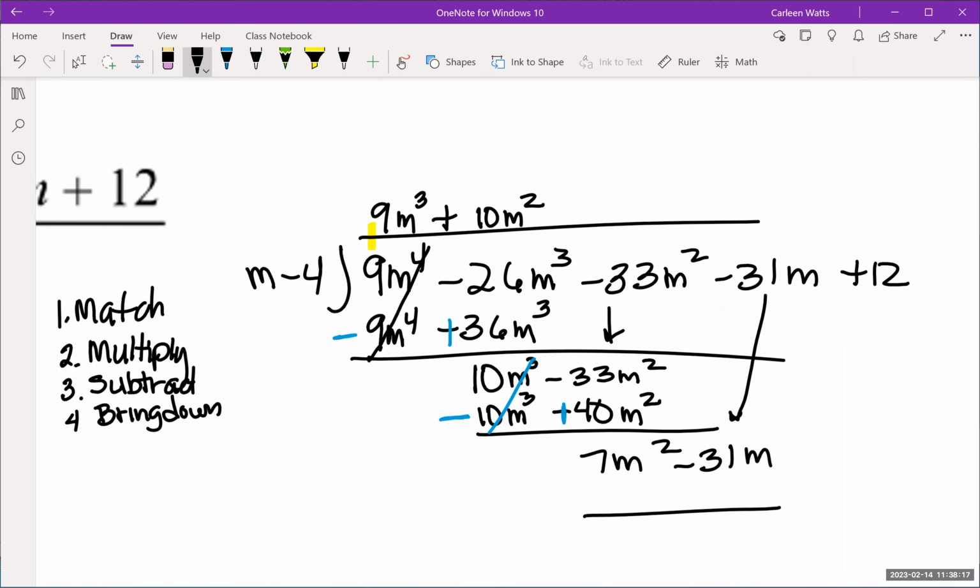Okay, make it match. 7m squared. And how do I get that? By multiplying by 7m. 7m times m is 7m squared. 7m times -4, negative 28m.